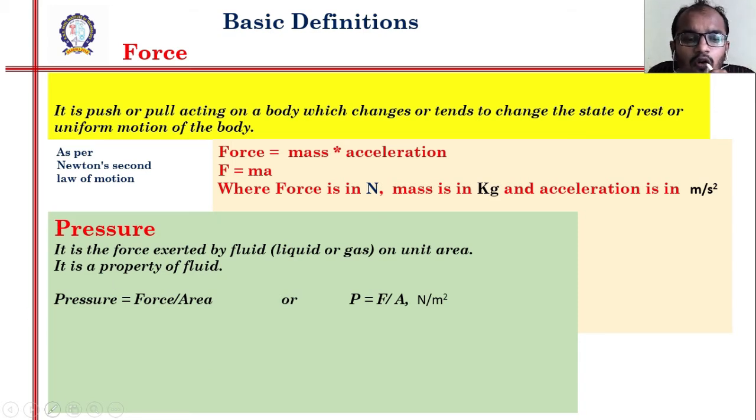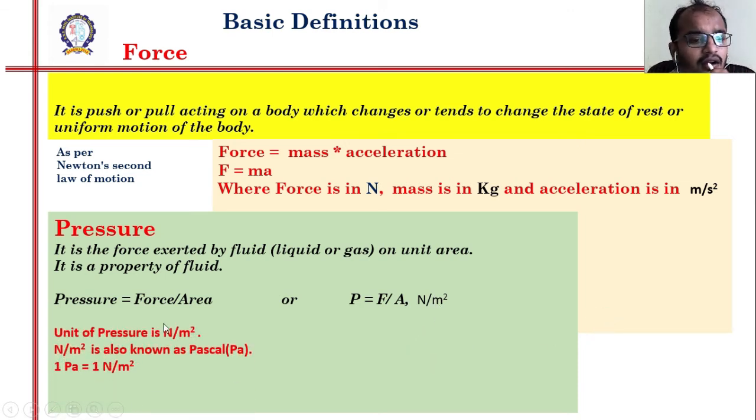We all know pressure P equal to force upon area. Force is given by capital F and area is capital A. The unit of force is the Newton and area is in meter square, so the unit of pressure is Newton per meter square.